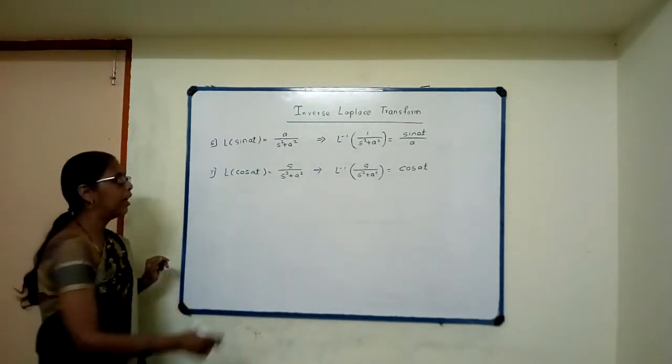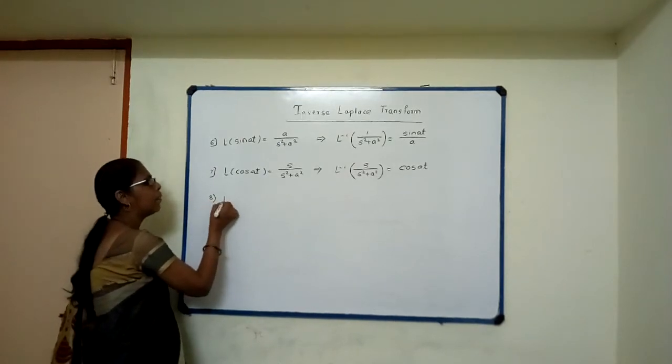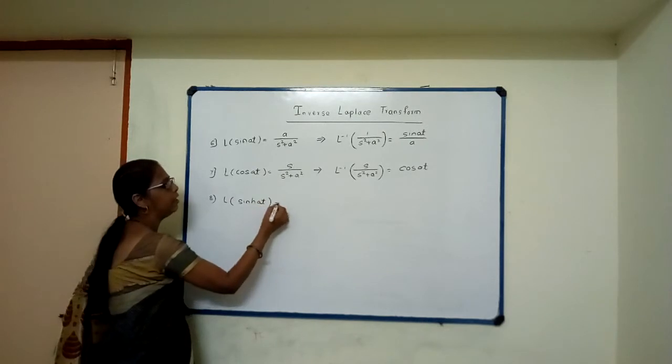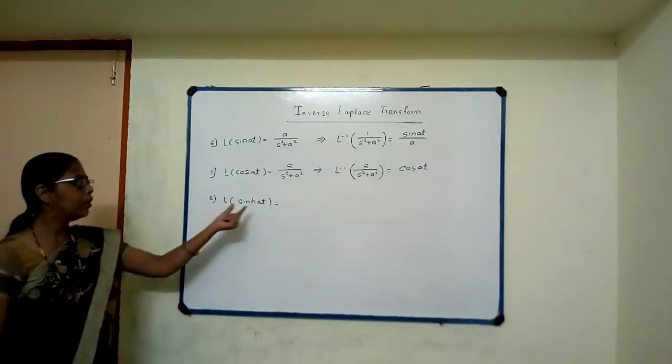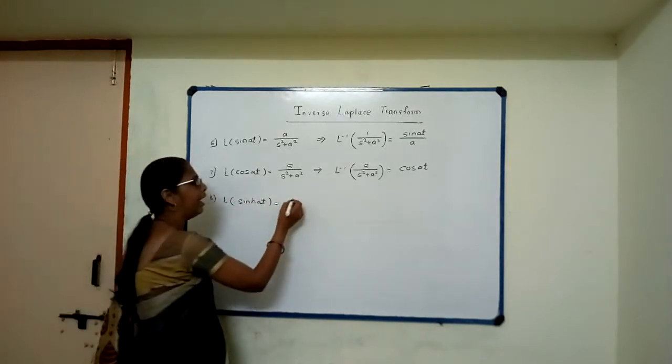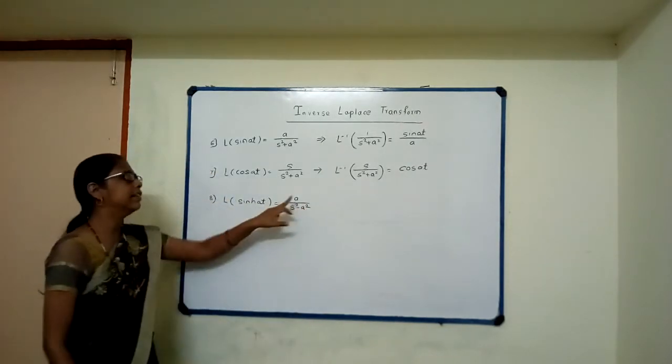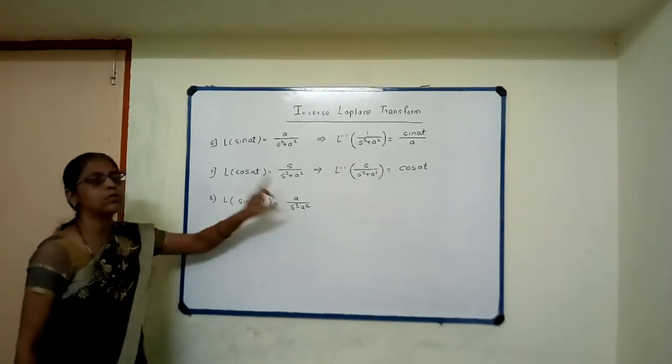Now eighth formula, Laplace transform of hyperbolic sin at is equal to, we know hyperbolic sin at is Laplace is a upon s square minus a square. Now take this a to left hand side, Laplace to right hand side.